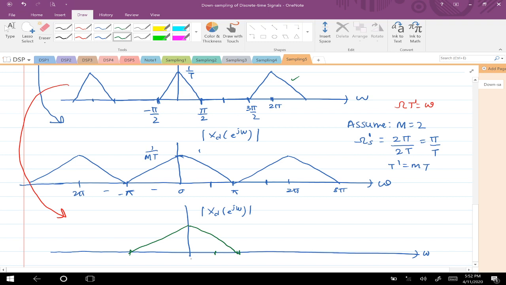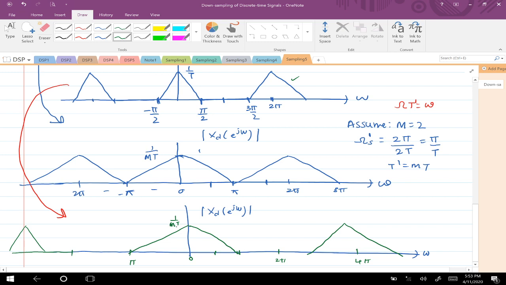This is 0, this is 2 pi, that should go to 4 pi, and the second copy there, whichever I see, will go to this. Similarly here it would go to 0. This is pi, 2 pi, somewhere there. Don't worry about that, I don't want to go to the other end there. And this of course is 1 by mt.